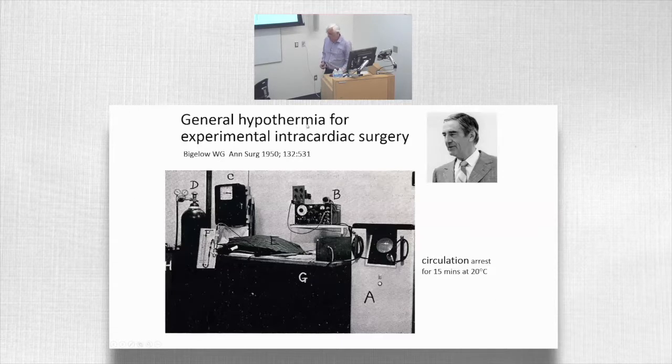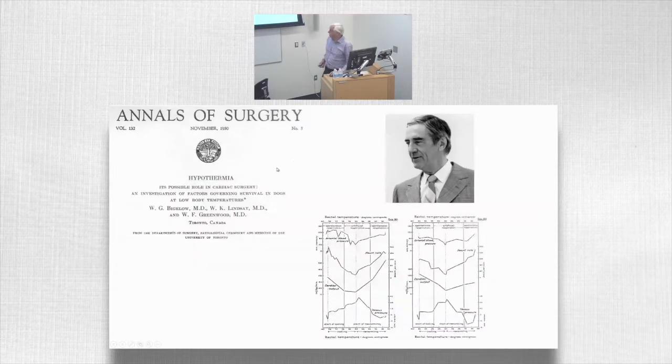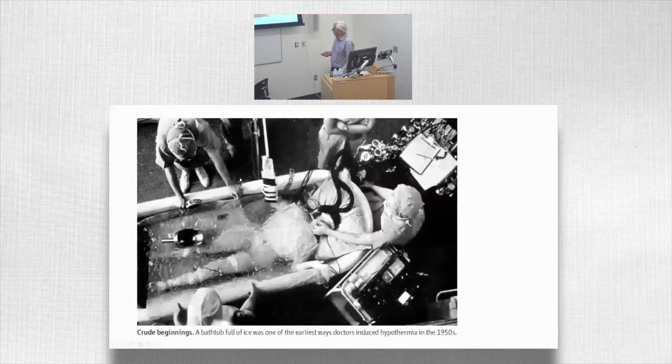And so what they did was, and this is the original report in the Annals of Surgery showing no cardiac output for a period of 10, 15 minutes with an intact animal at the end of the procedure. So they introduced this into the sphere of cardiac surgery. And this is for the repair of simple congenital heart defects. We're talking about ASDs, not VSDs, not tetralogies, but simple ASDs where you could do the procedure with a slick surgeon in 10 to 15 minutes.